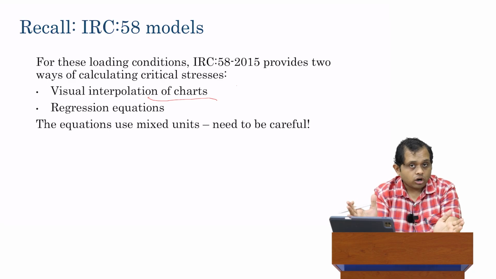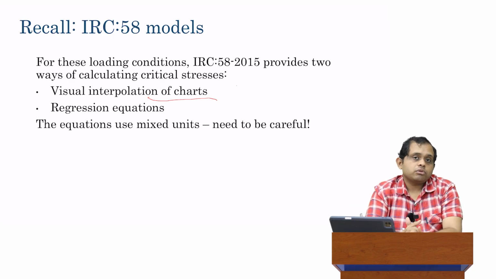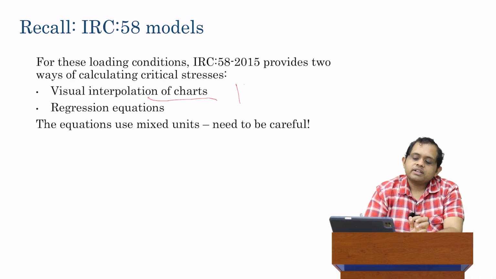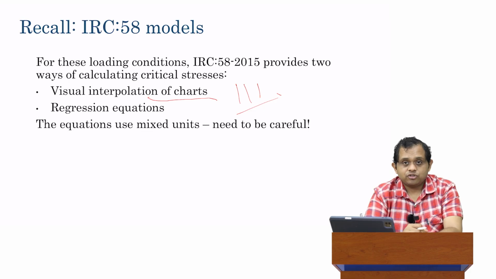So they really varied a lot. They performed a very large number of finite element analyses, and then they simply plotted them on a variety of charts. There were approximately 111 charts which are provided.